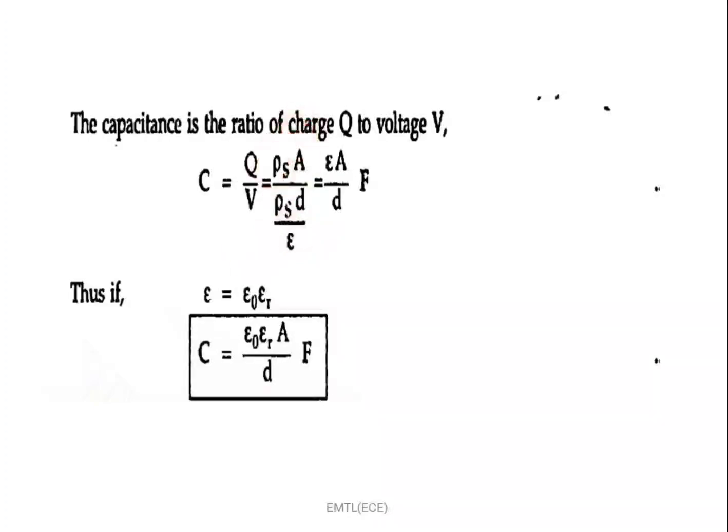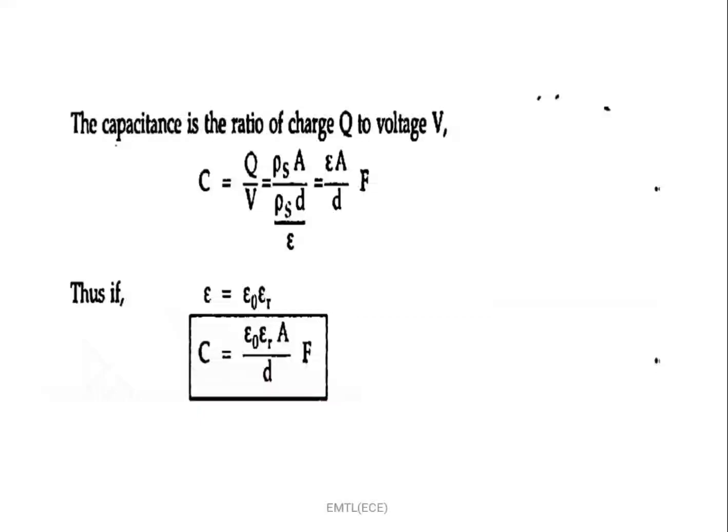By simple cancellation, rho s cancels and epsilon moves to the numerator. So finally the capacitance is equal to epsilon A by d farad. If epsilon is the permittivity, its value is taken as epsilon naught epsilon r. Then the capacitance of a parallel plate capacitor is written as C is equal to epsilon naught epsilon r A by d farads.